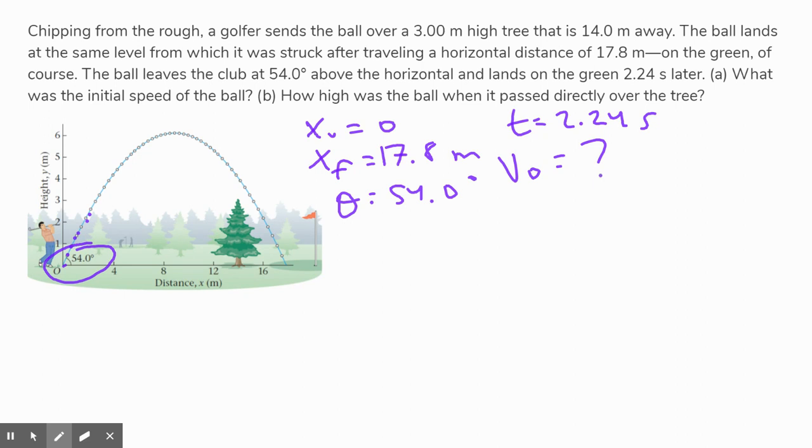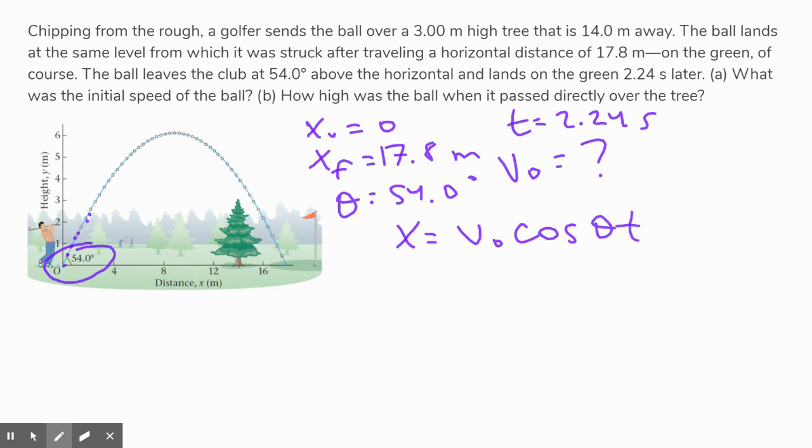Well, this part is actually pretty straightforward. So let's look at our equations of motion and pick out one that lets us use the information we have. In that case, we have one that says x equals v naught, the initial speed, multiplied by the cosine of theta multiplied by t.